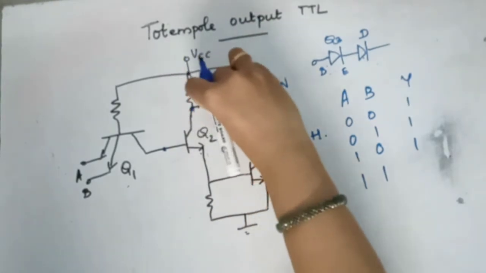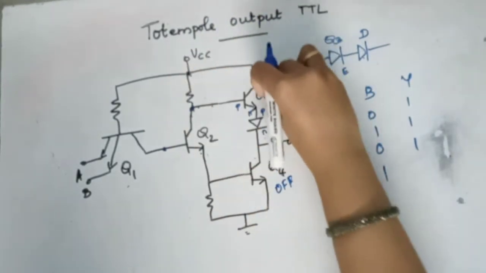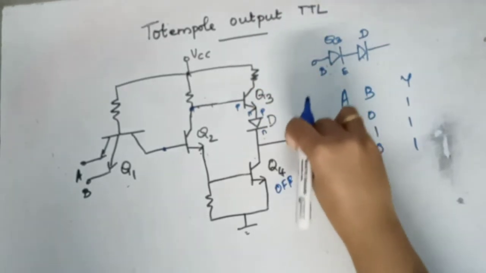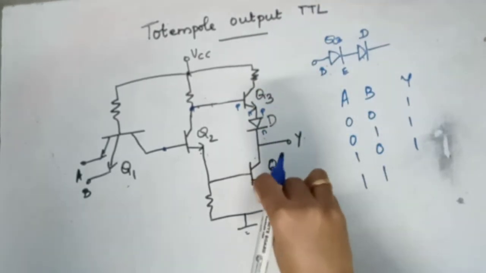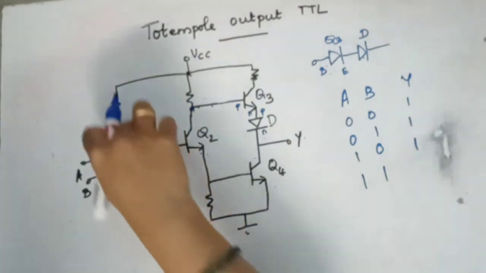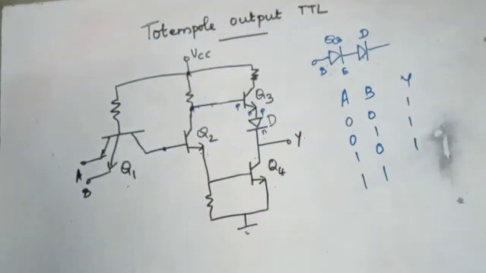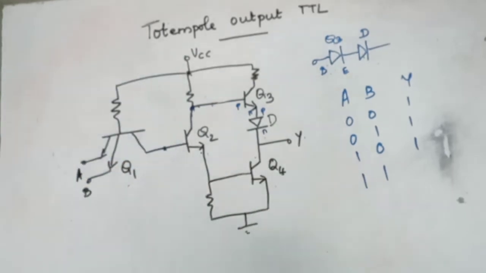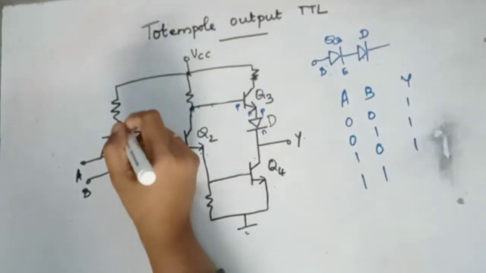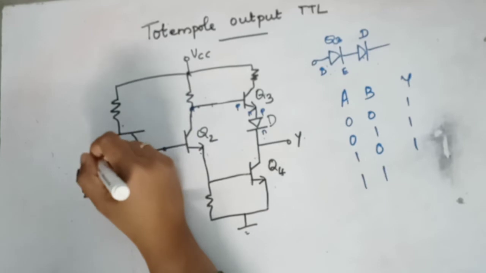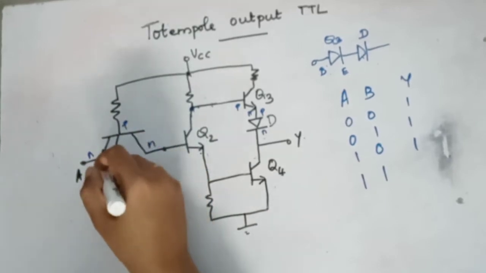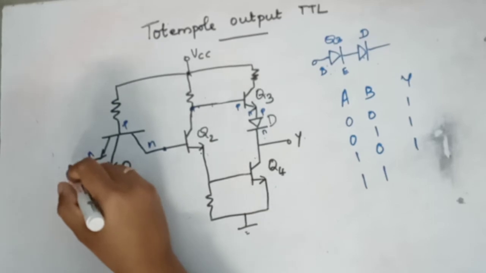Both the inputs are high means the base emitter voltage will not have a potential difference. Why? Because base is connected to VCC through a resistor. Here also you have a high. So it's an NPN transistor. So this is N, this is P, this is N. So to N you are connecting a high.